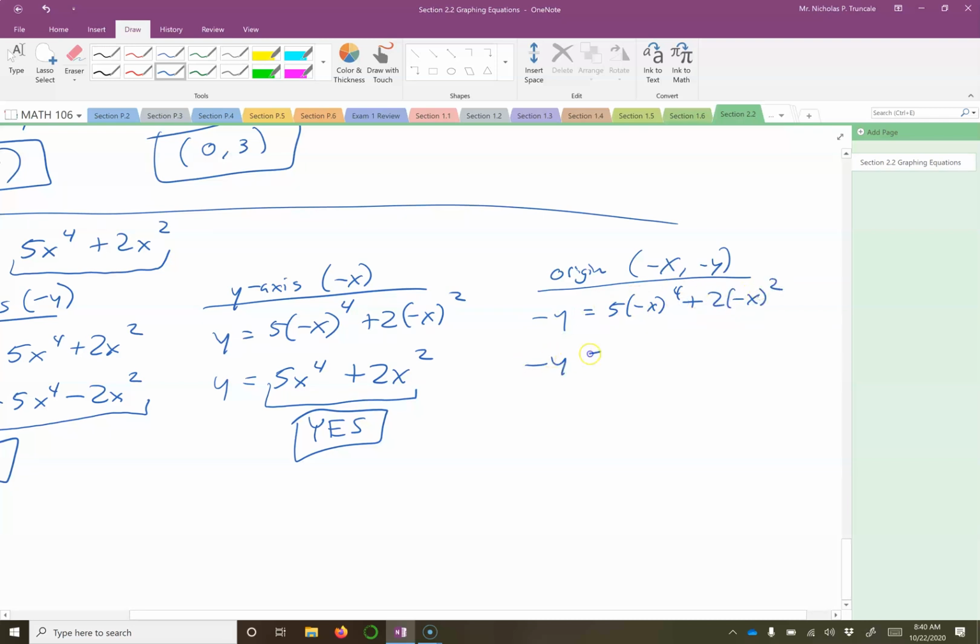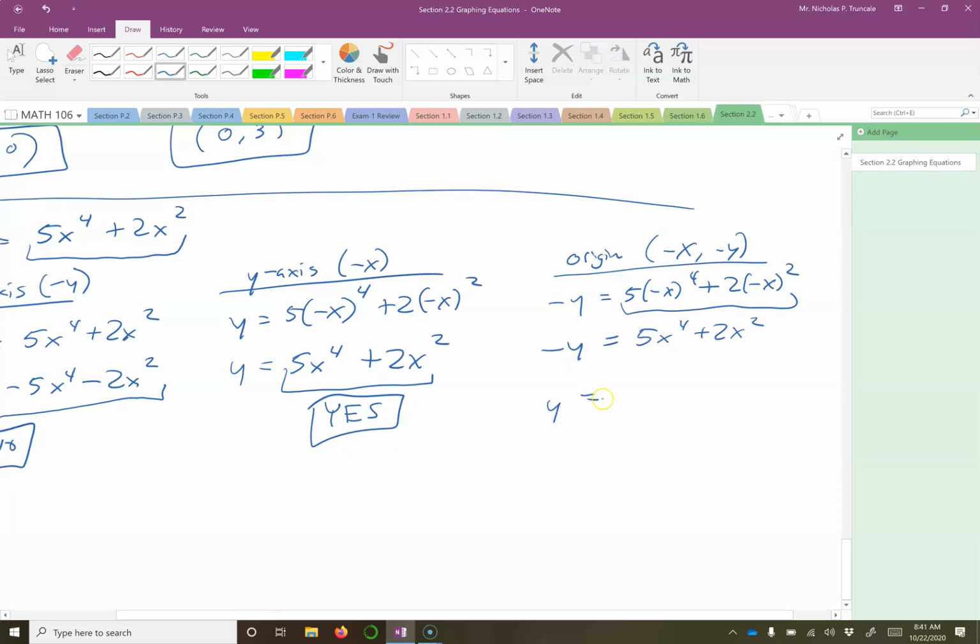Now what's nice is we already know what this results in. It results in 5x to the fourth plus 2x squared. And then all I've got to do is multiply everything by negative 1 to get y isolated and positive. So we have negative 5x to the fourth minus 2x squared. So that is not the same. So no, we don't have origin symmetry.